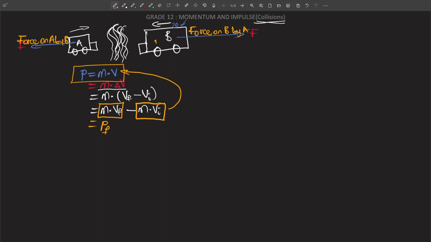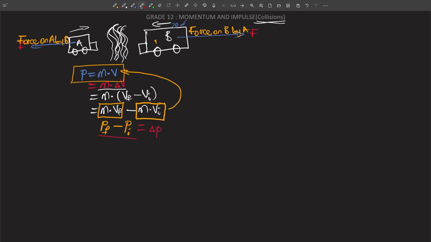Then we will subtract the initial momentum. So this is now a change in momentum, and this is due to these forces that occur during a collision.